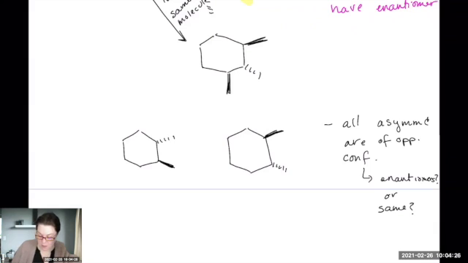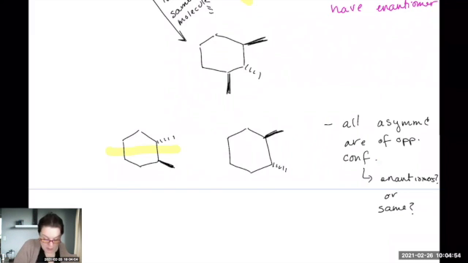Okay, so we're going to check and look for a plane of symmetry. Do we have a plane of symmetry? If I were to put a plane of symmetry here, do I have one? No, I don't, because of the nature of the stereocenters. This methyl group is pointing up at you, right? This one is pointing down away from you. So if we were to try to reflect through a mirror plane, it's not going to work.